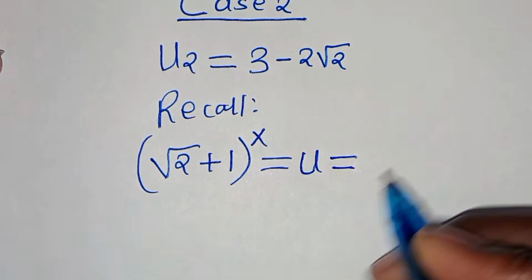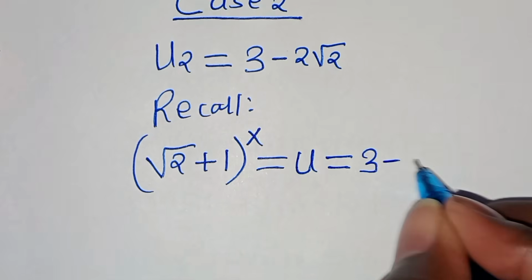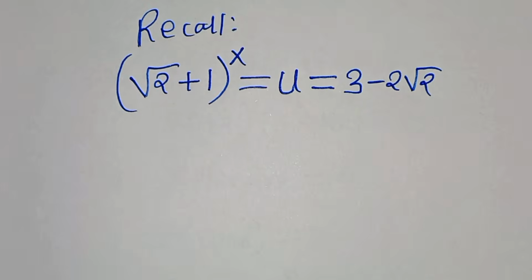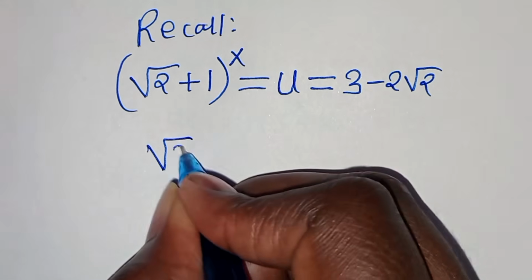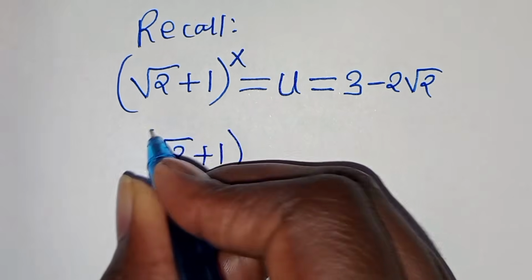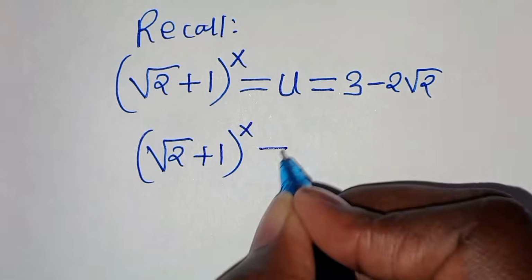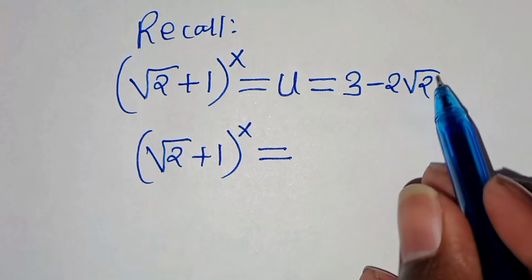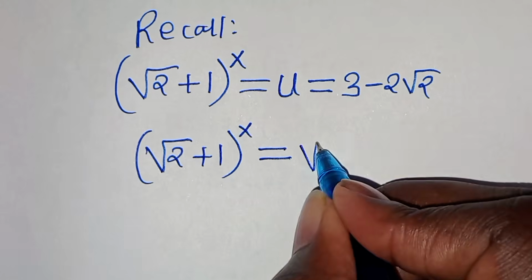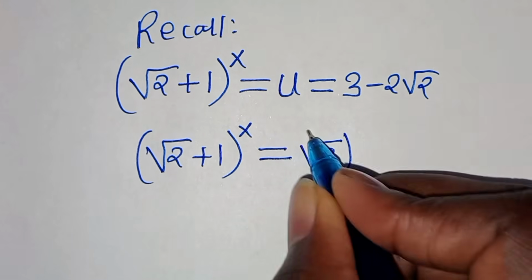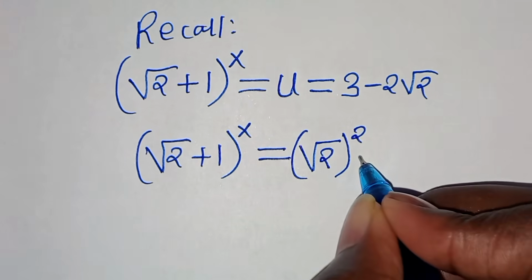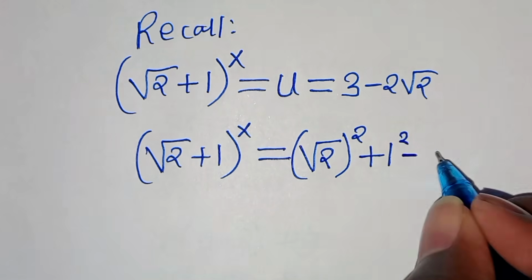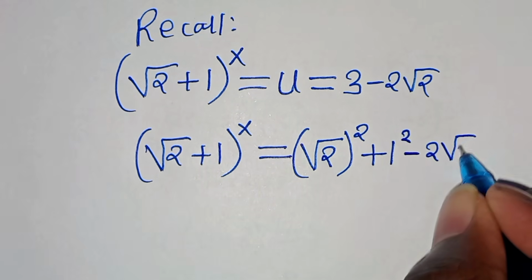And in this case, u is 3 minus 2 square root of 2. So this implies we have square root of 2 plus 1 raised to the power of x is equal to, we can express 3 minus 2 square root of 2 as the same thing as square root of 2 raised to the power of 2, then plus 1 raised to the power of 2, then subtract 2 square root of 2.